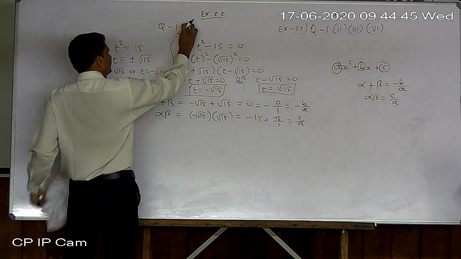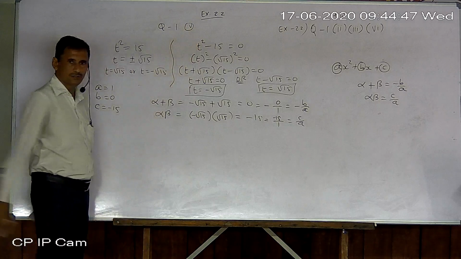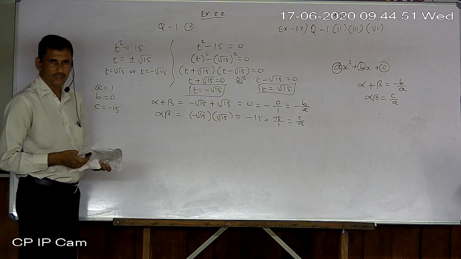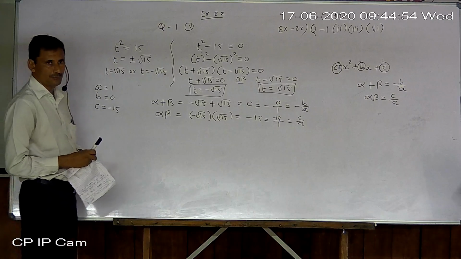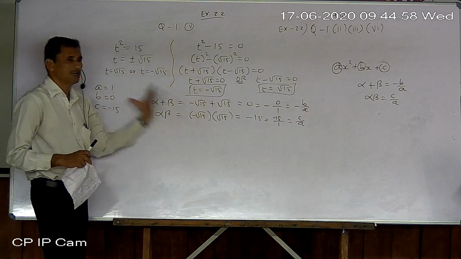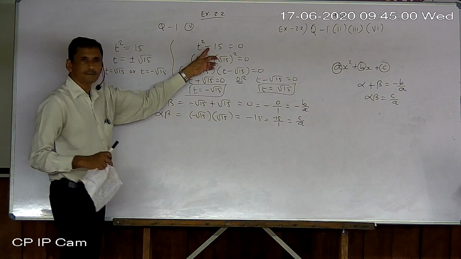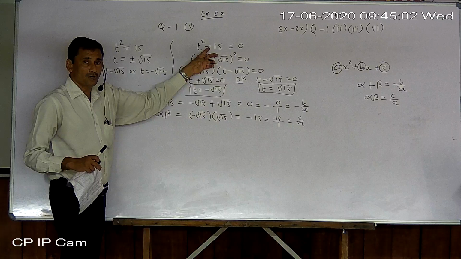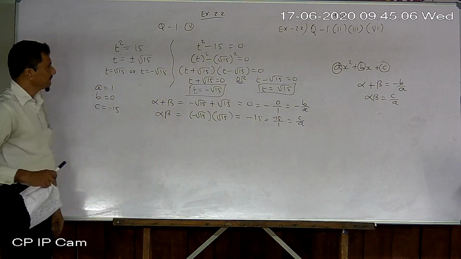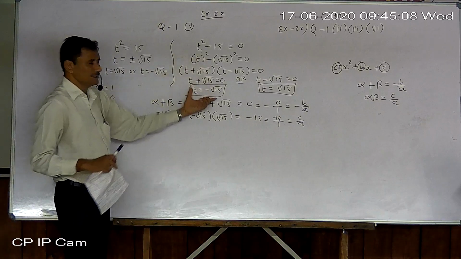So this one is number 5. So 4 and 5 sums are short. No need to go through the splitting method. It is not possible here, because it is a quadratic binomial, not a trinomial. So only this way you can find it. If a plus were given here, then it would not be possible. I hope you understand.